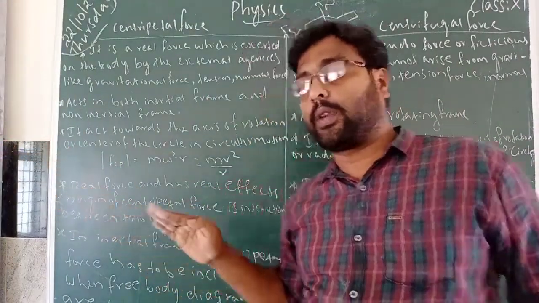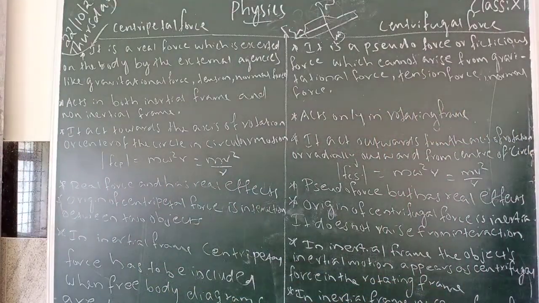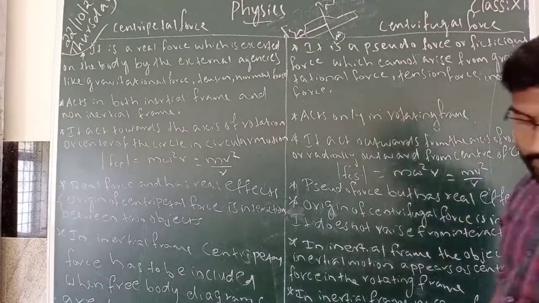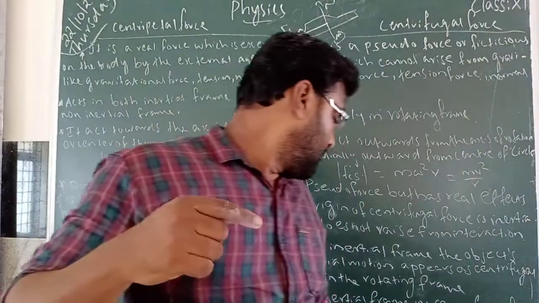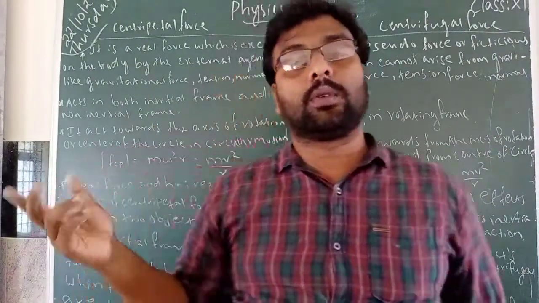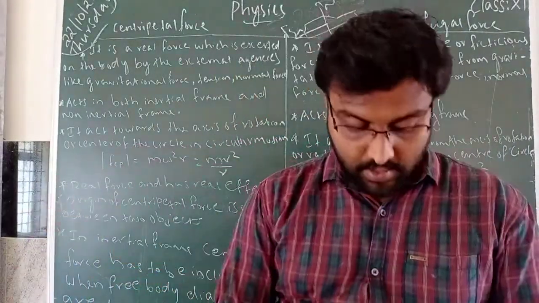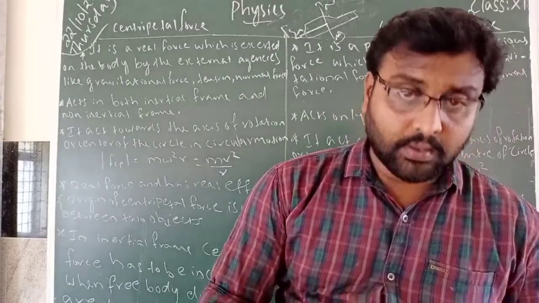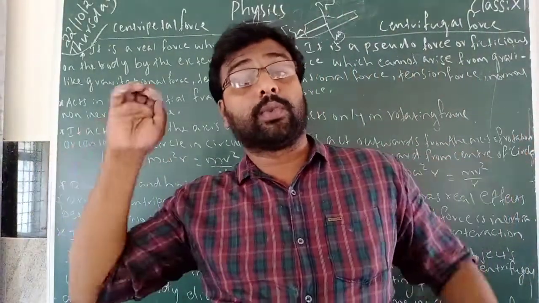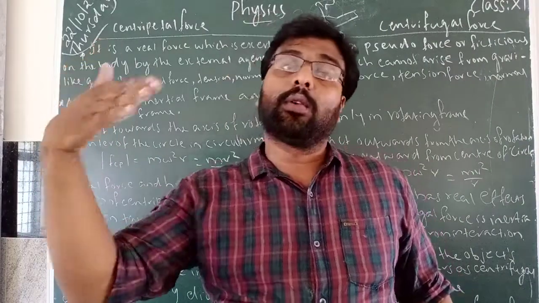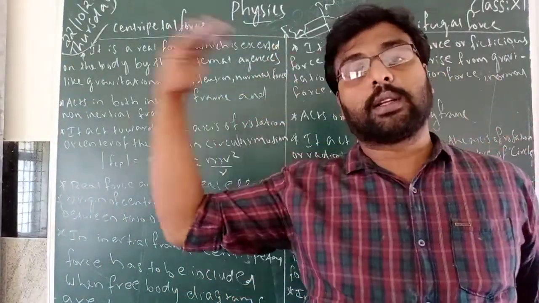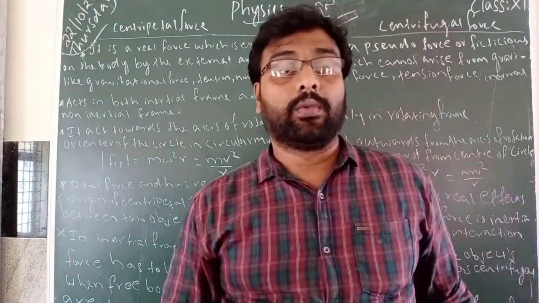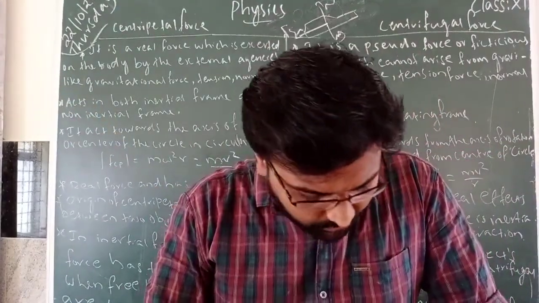And in a rotating frame, you can include both the centripetal force and the centrifugal force when you are drawing the free body diagram. Suppose you are drawing the whirling motion of a stone. There you can include in the free body diagram the centripetal force as well as the centrifugal force.